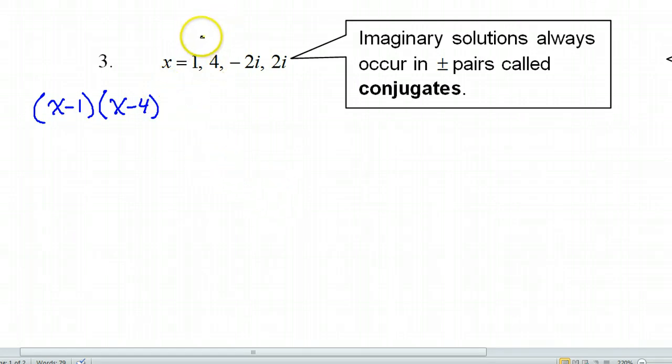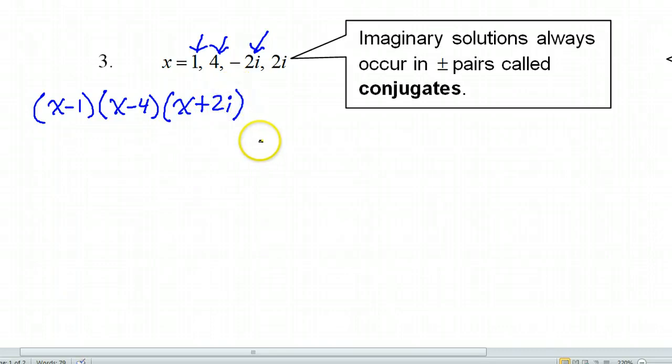Okay, this is where we were so far. We did the 1. That was x minus 1. From the 0 of 4, we got x minus 4. Okay, so now we're on this one. Just follow the same pattern. We'll see how we're kind of doing the opposite sign. Okay, so x plus 2i.